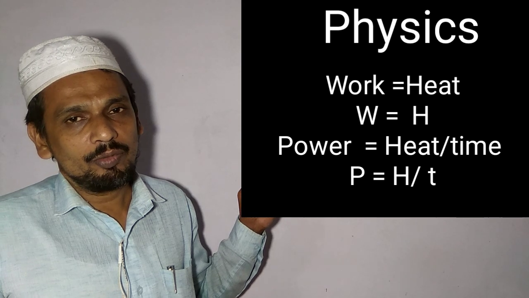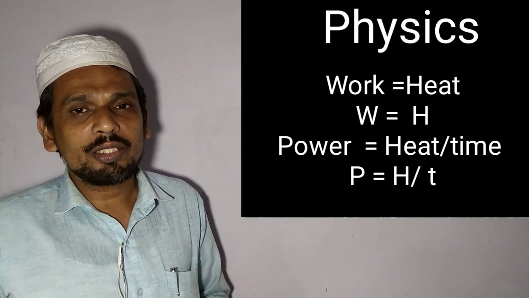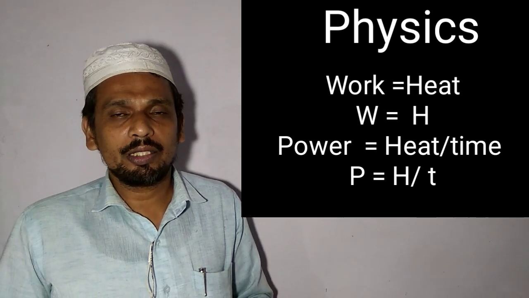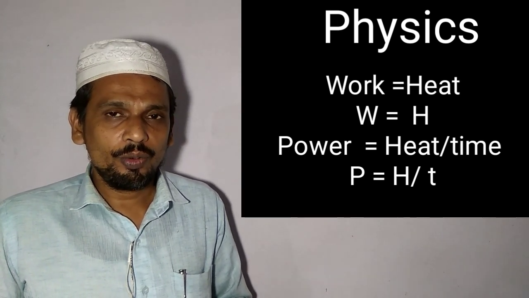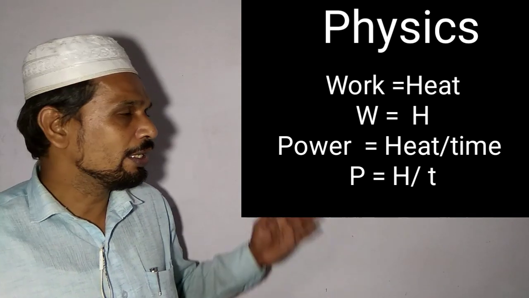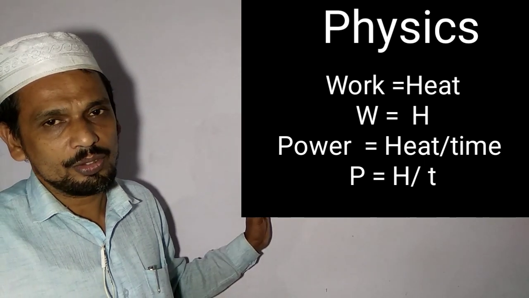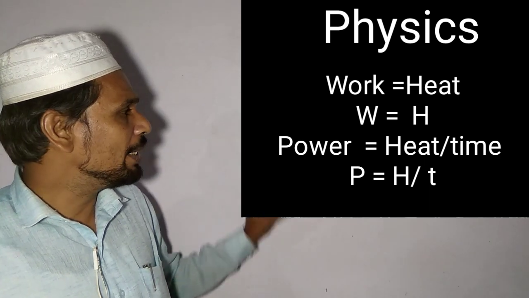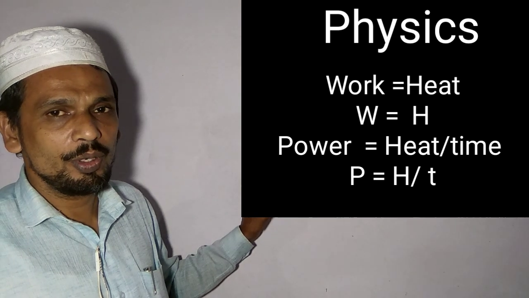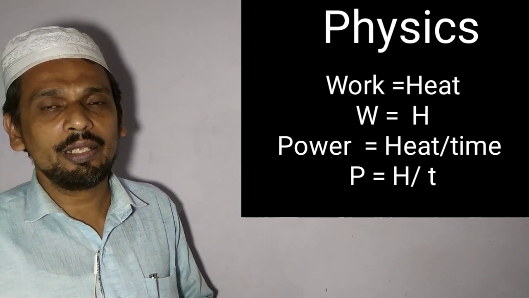The equation to find power is P = W/T, work by time. Here the work is equal to the heat generated. So we can rewrite that equation using W = H. So we get P = H/T.